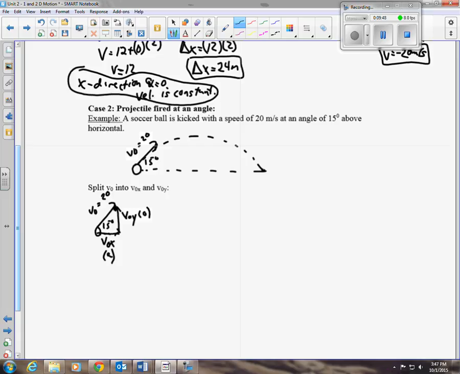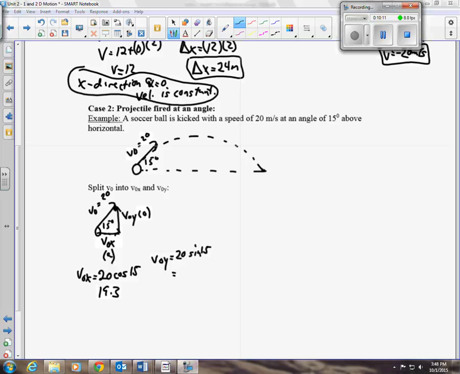So V0x is going to equal 20 cosine 15, and that's going to give me a value of 19.3. And then V0y is going to be 20 sine 15. That's going to give me a value of 5.2.